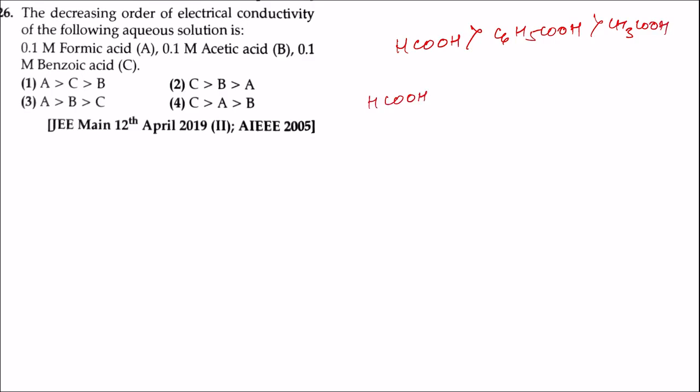So greater is the acidic strength, greater is the tendency to undergo ionization and give H plus ions, and greater is the number of ions, greater is the conductivity. Therefore, electrical conductivity of formic acid is greater than the electrical conductivity of benzoic acid, which is in turn greater than electrical conductivity of acetic acid. So correct order is option 1, A greater than C, C greater than B.